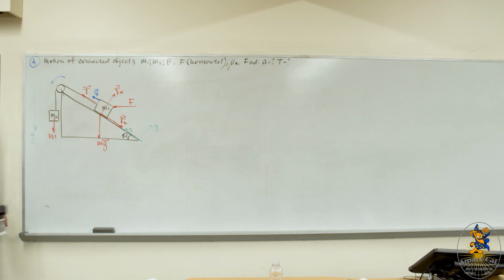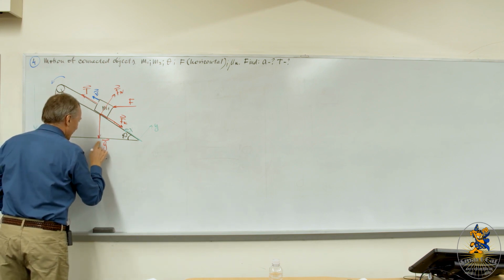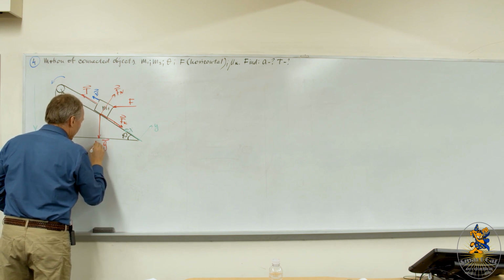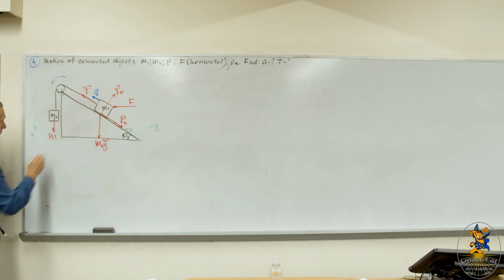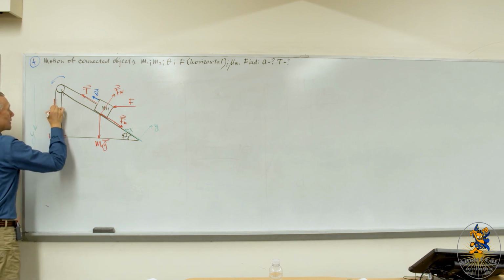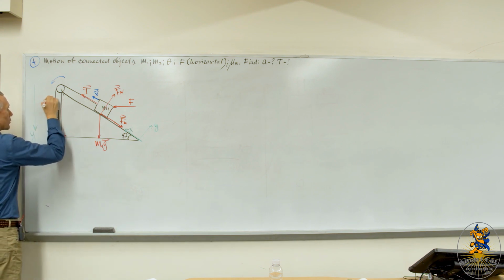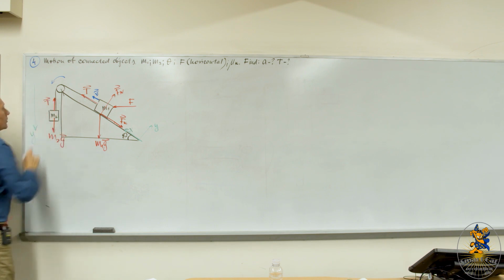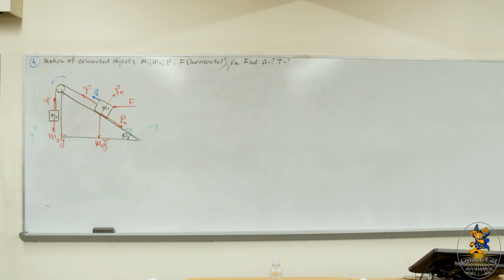So M1. Yeah, we need to differentiate them. M1. So this is M2 g. Usually in a few minutes you will spot it if you do it carefully. And tension is exactly the same, so we don't have to differentiate those because the cord is massless.